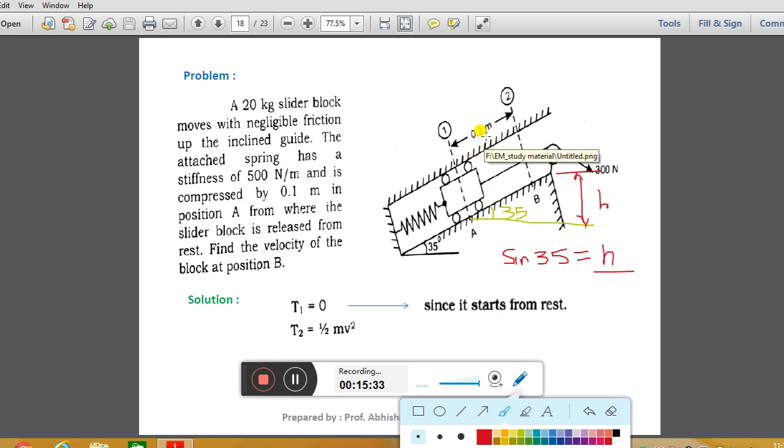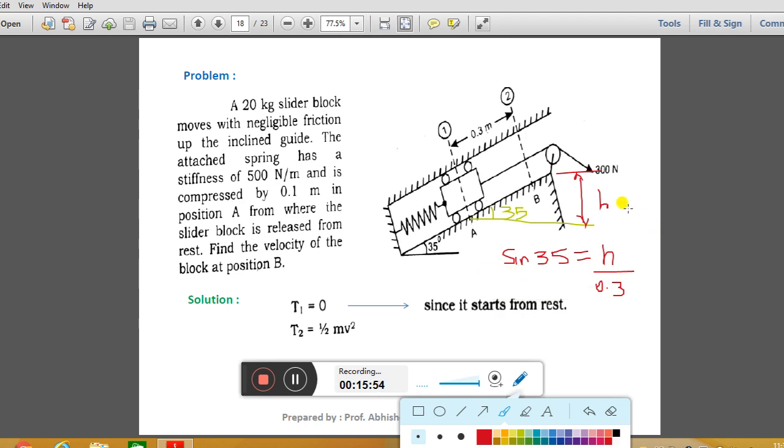And the hypotenuse is 0.3 meters. So from this we can find the value of H. So H is equal to 0.3 into sine 35.